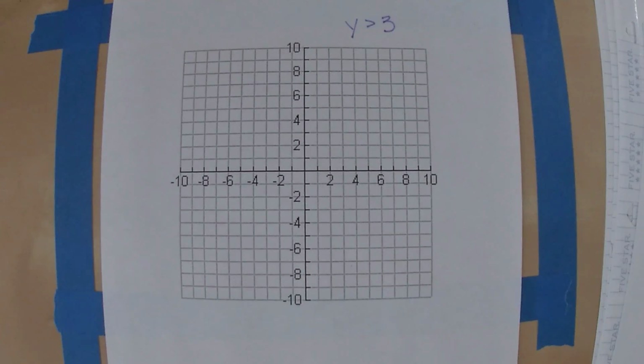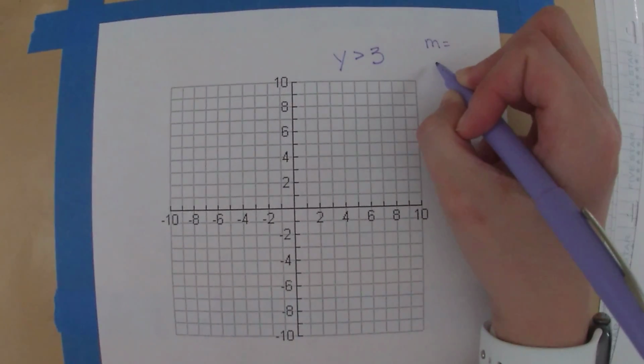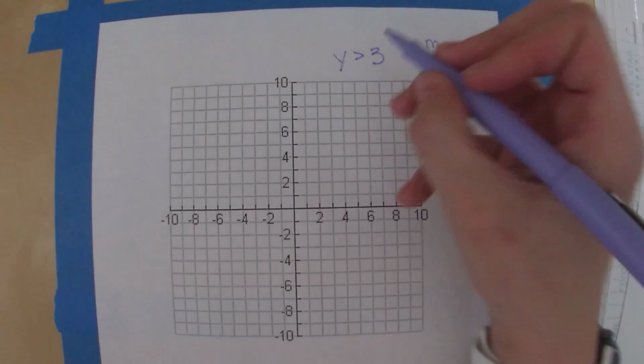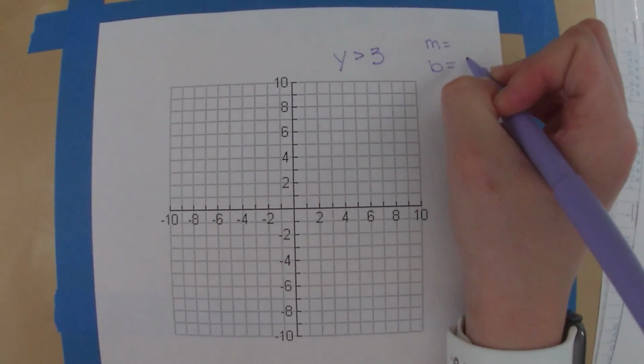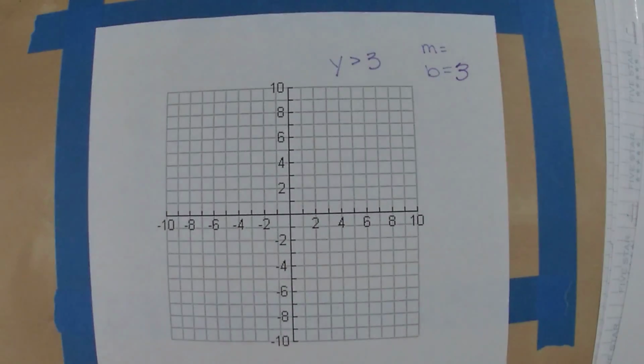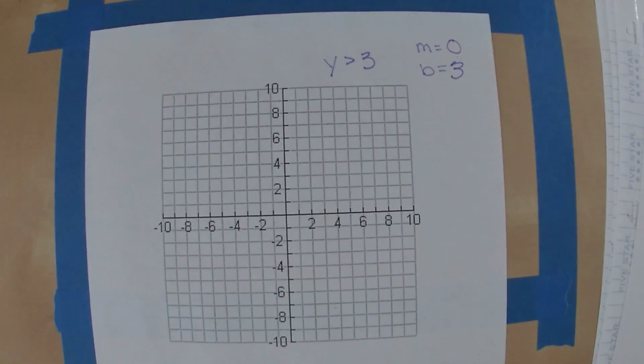Okay, so we're going to find our m and we're going to find our b. Remember, m is always the number with the x. This 3 is not with the x. So that 3 is our b value. Okay, we don't see any numbers with an x. There are no x's.